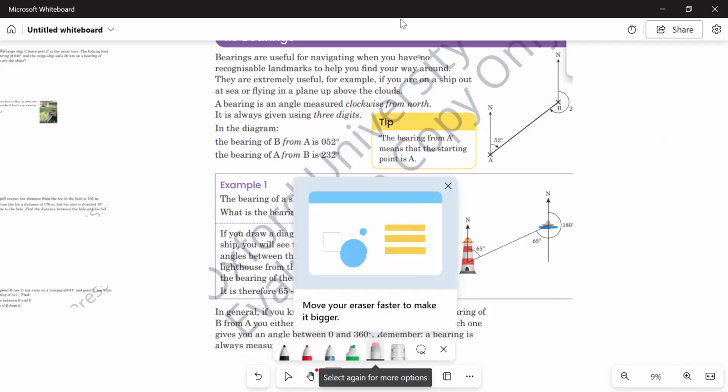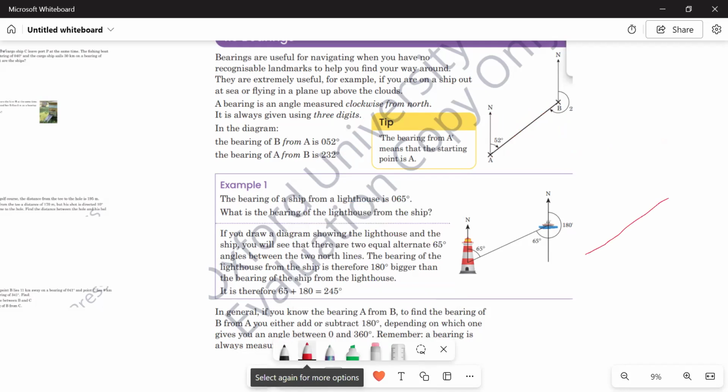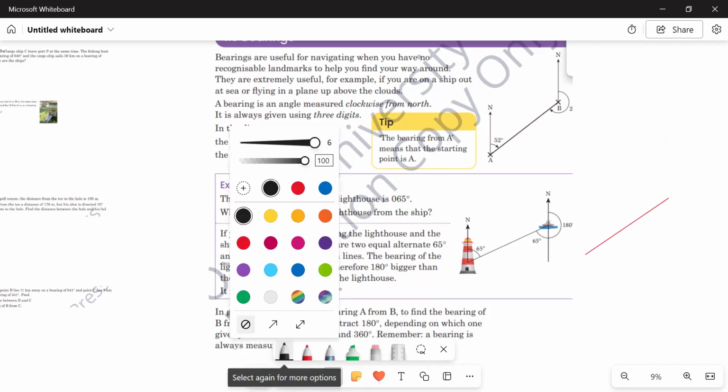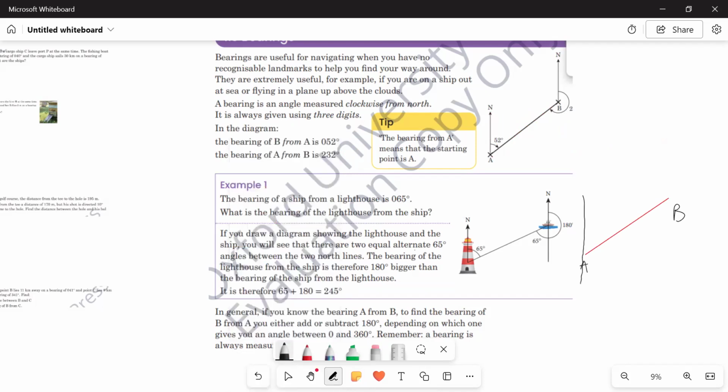Let we have two points, A and B. We have to find the bearing of B from A. Bearing of B from A means the bearing of this point from A. So we will find the bearing from north to this line.